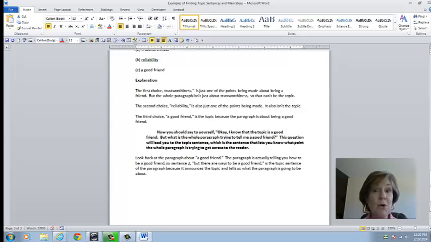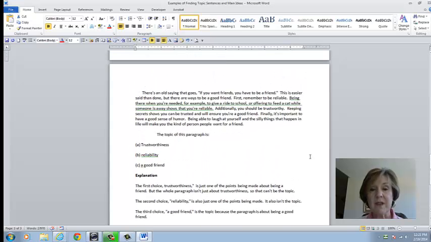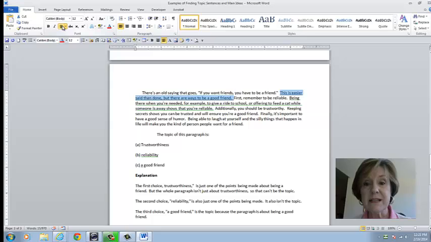So sentence number 2, this is easier said than done, but there are ways to be a good friend, is the topic sentence of the paragraph, because it announces the topic and it tells us what the paragraph is going to be about.